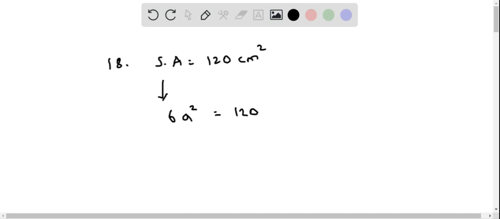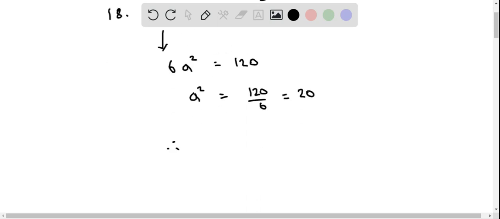Now dividing both sides by 6, we get a squared equals 120 divided by 6, and this equals 20. So a squared equals 20. Taking the square root on both sides, we get a equals square root of 20, and this is in centimeters.